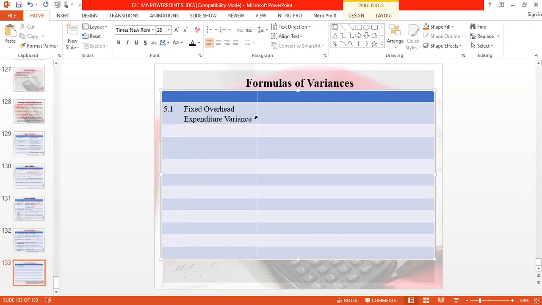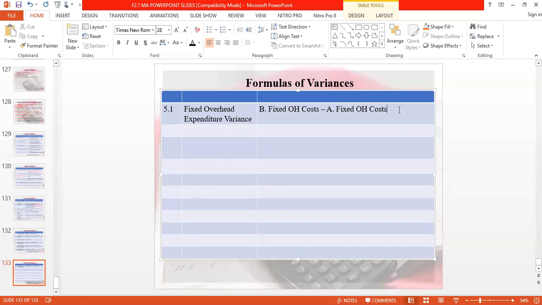This is normally the easiest. Fixed overhead expenditure is budgeted fixed overhead costs minus actual fixed overhead costs.